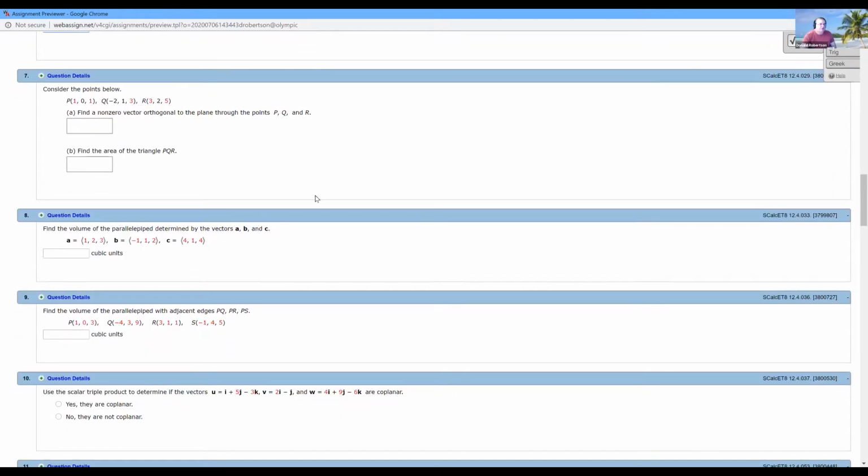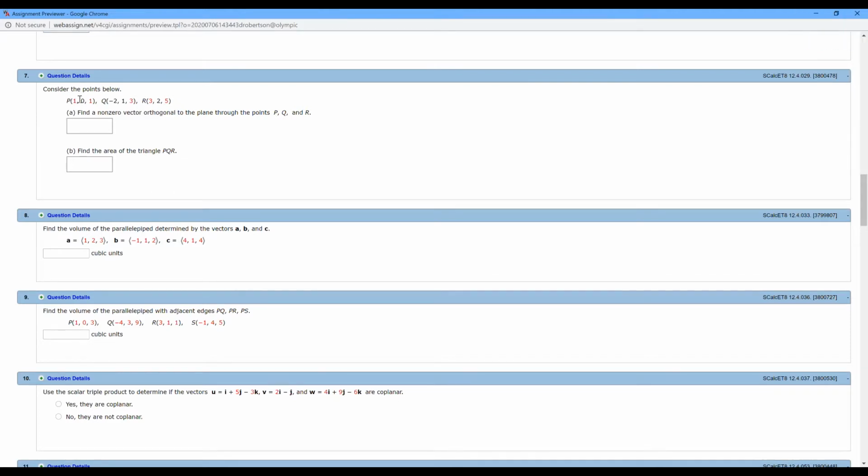Okay, question 7. Here are 3 points called P, Q, and R. Find a non-zero vector orthogonal to the plane through the points P, Q, and R. That word orthogonal sticks out like a sore thumb.